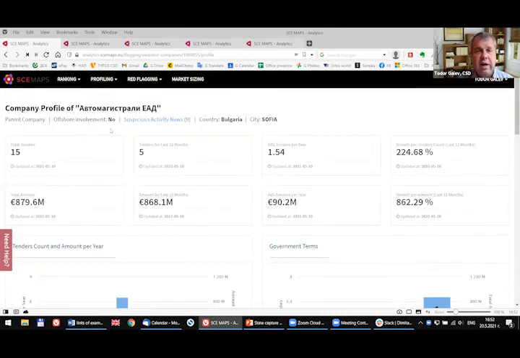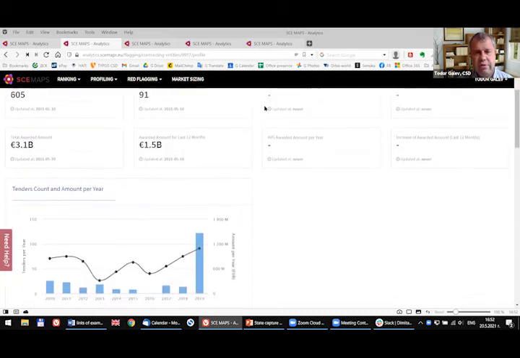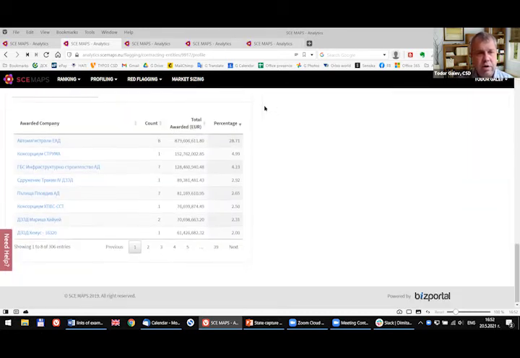And when you see this is the profile of the contracting authority, the state agency Road Infrastructure, and you go below, you can see that among the other suppliers of services, let's say, the highways company, this Automagistrale company, actually got the highest percentage of funding for all these 10 years.